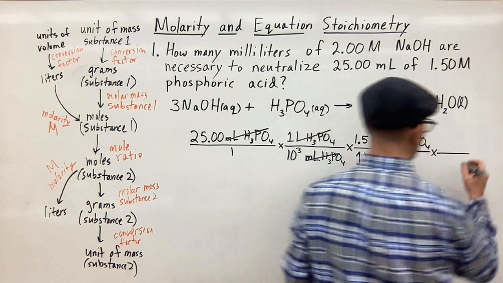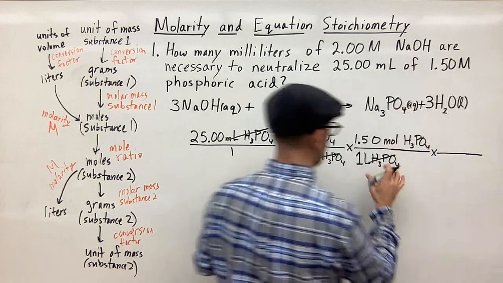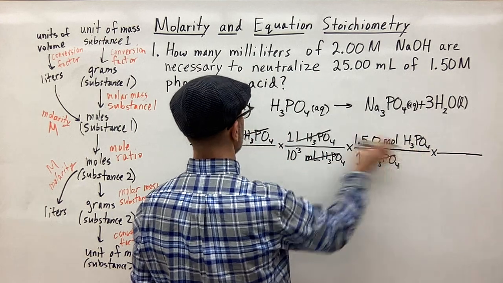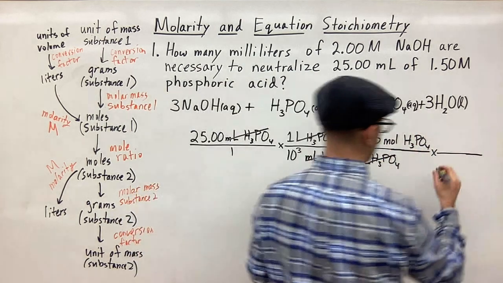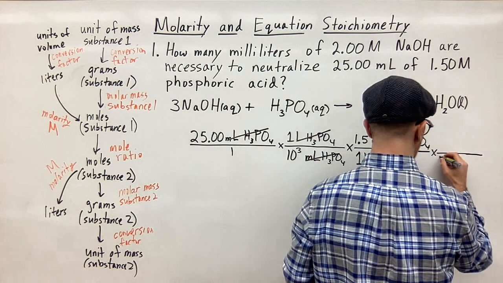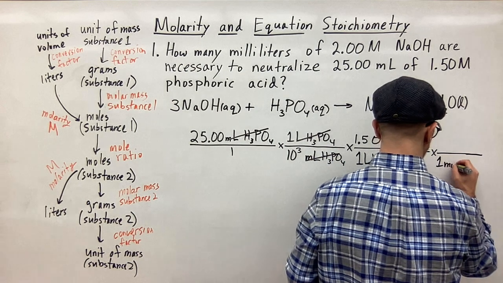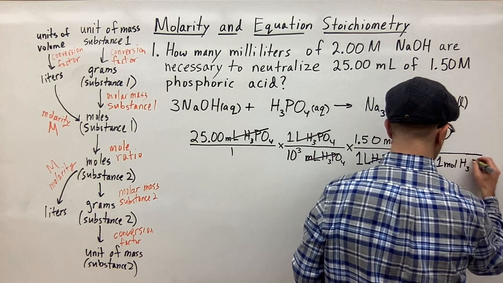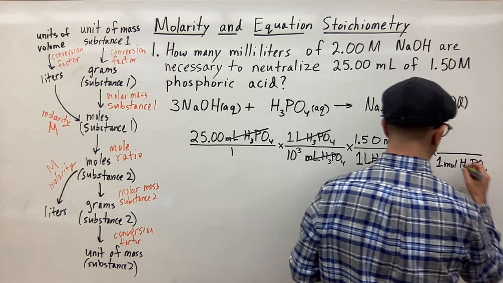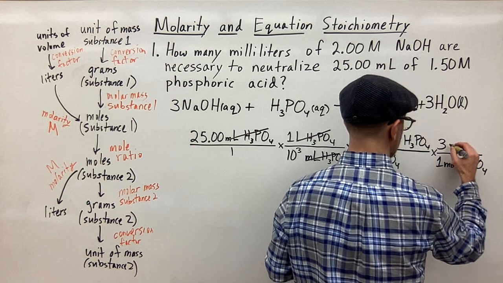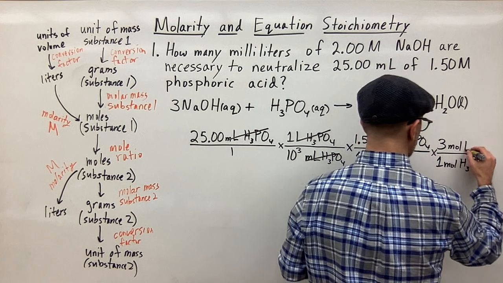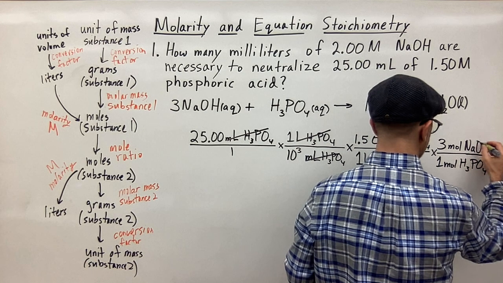Okay, so since I have moles of H3PO4 here, I'm going to put 1 mole of H3PO4 on the bottom, and then on the top it's going to be 3 moles of sodium hydroxide.